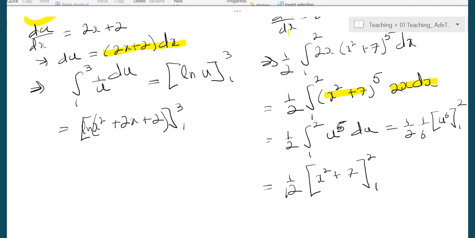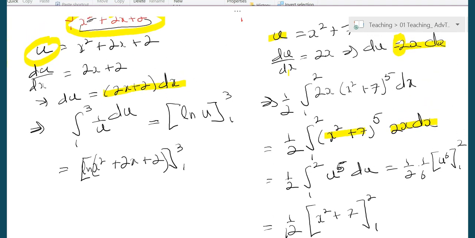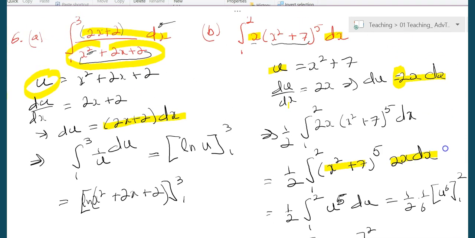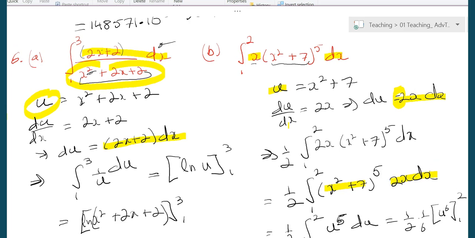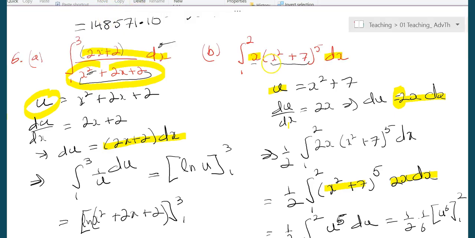The point to note here is that integration by substitution usually involves having a function in the integrand that is of a higher order than the function outside. So we have here x^2 + 7, and then we have an x dx. Recognizing that the derivative of x^2 + 7 is 2x gives us a part of what we already have here.